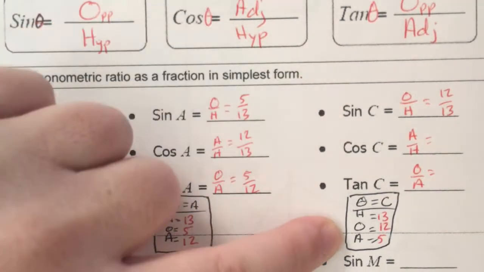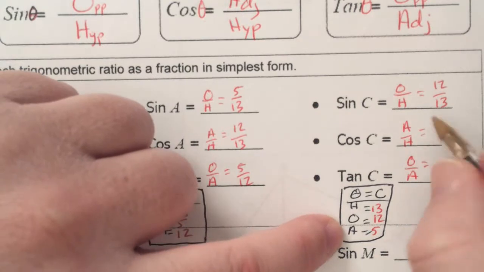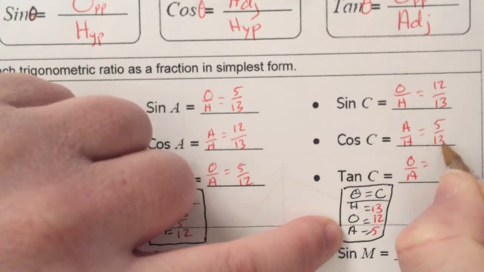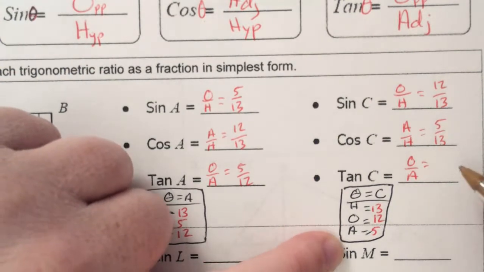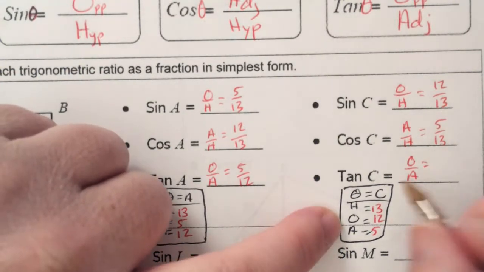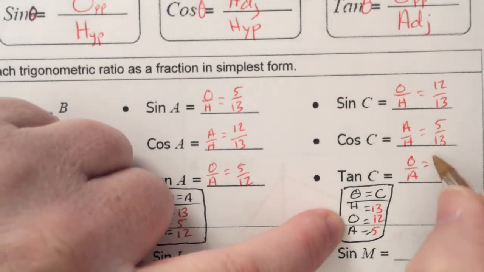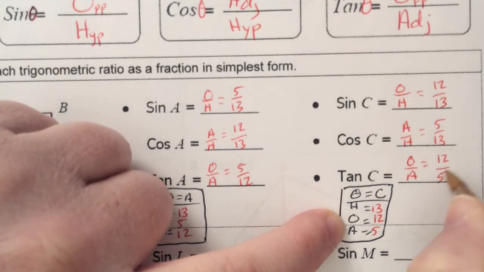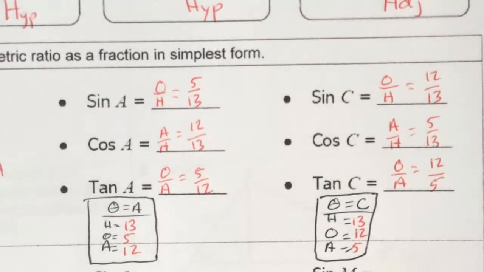Nope. Cosine is A over H, that is 5 over 13. Can you simplify? Nope, so we're done. And then TOA: tan of C would be O over A, so 12 over 5.